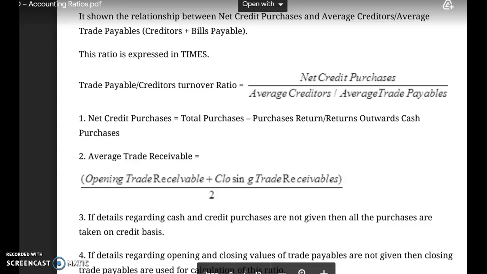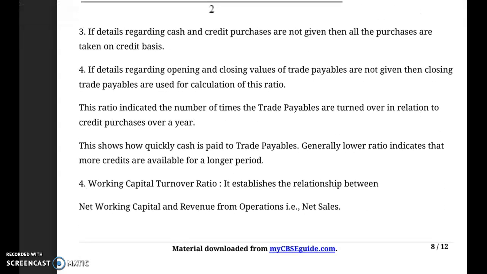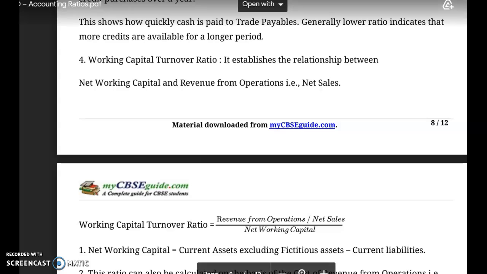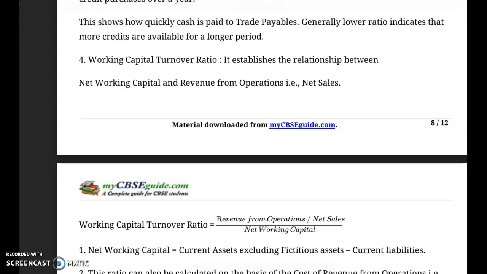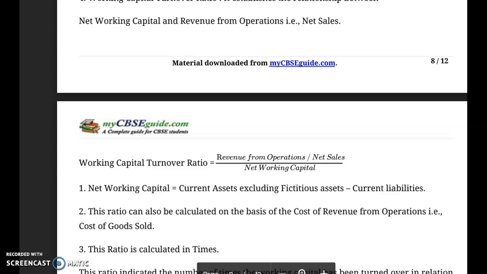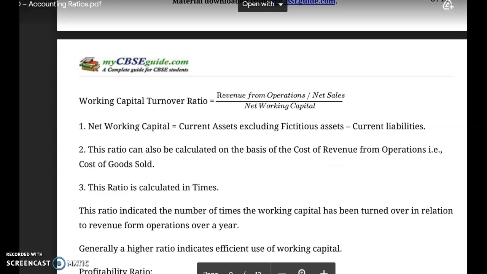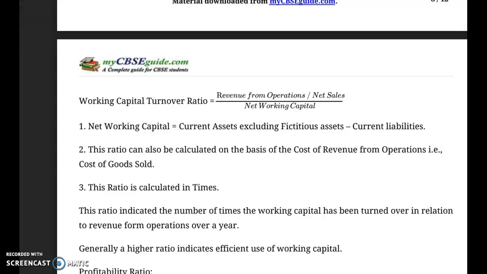The last ratio which we will calculate in this category is the working capital turnover ratio. It establishes the relationship between net working capital and revenue from operations, that is net sales, divided by the net working capital. The formula to calculate the working capital turnover ratio is revenue from operations or net sales divided by net working capital.